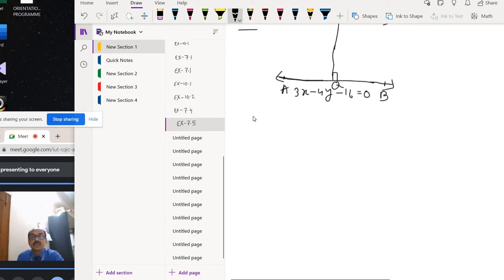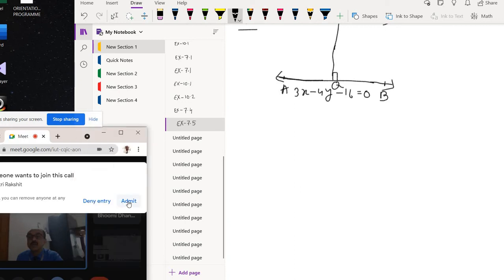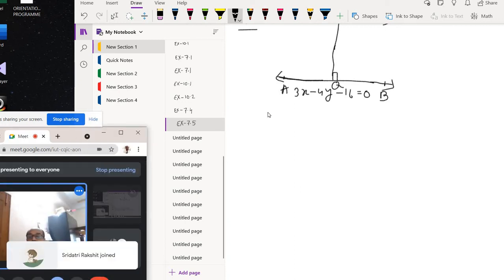So first you find the slope of the line AB.